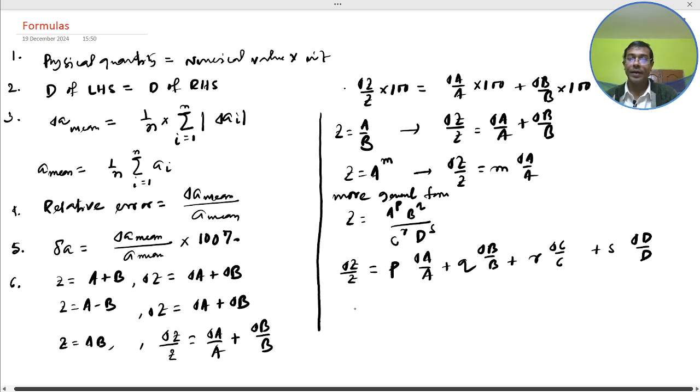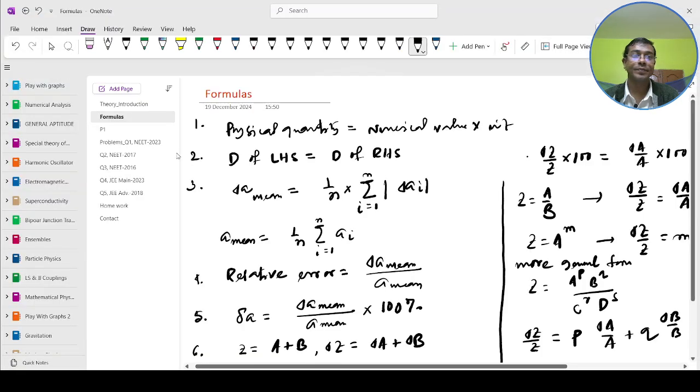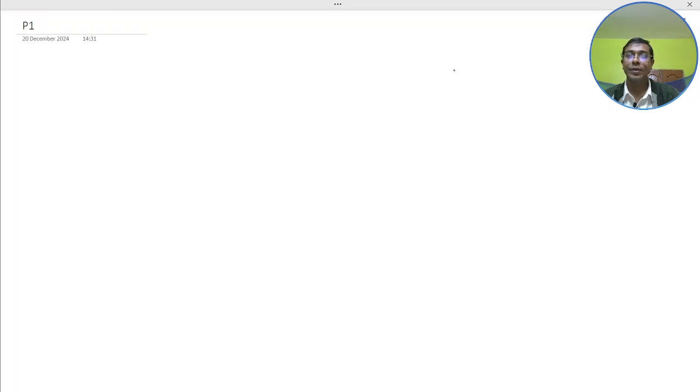And another one is the measuring instrument error.